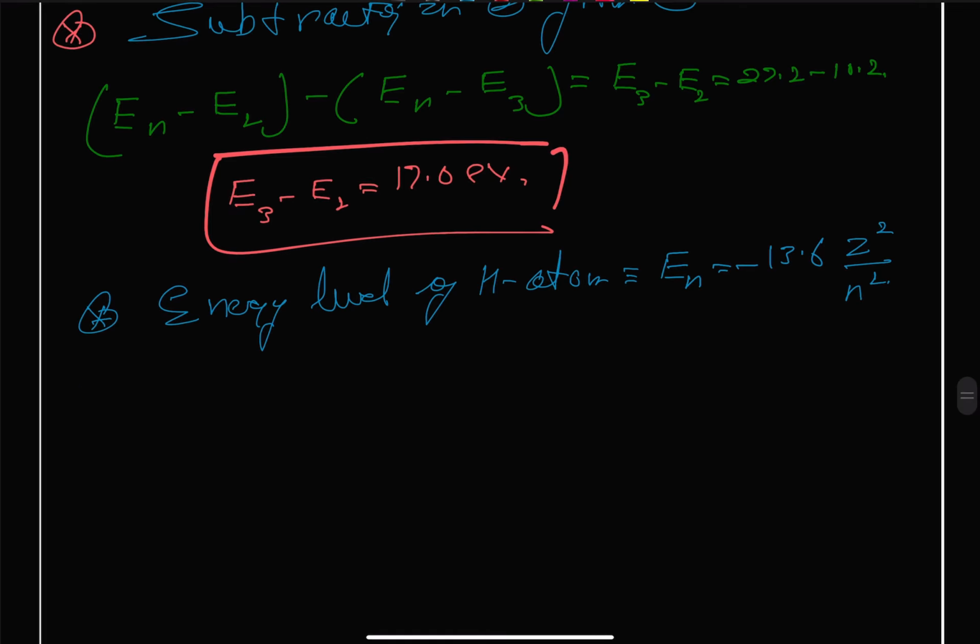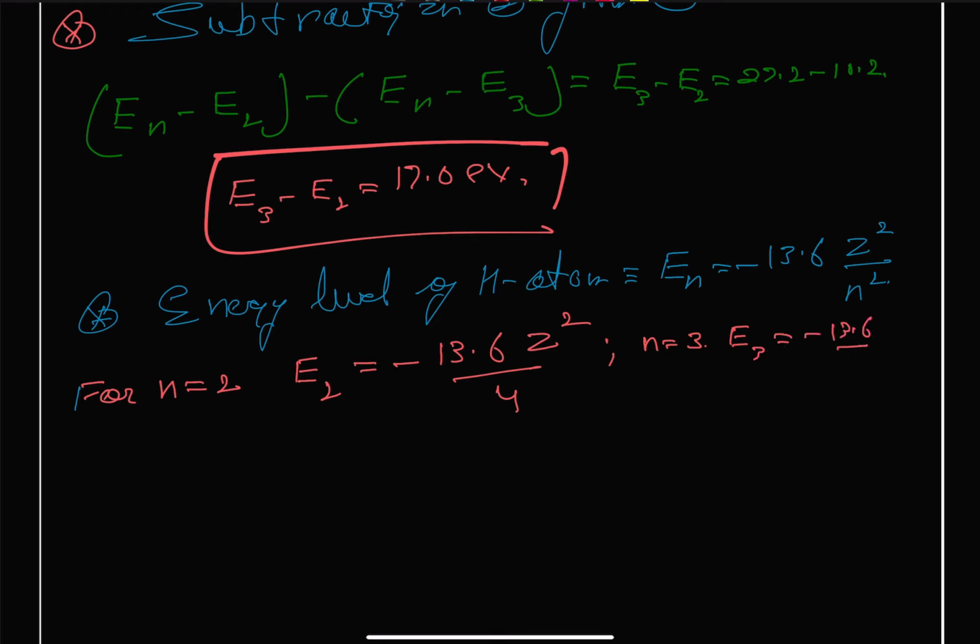So for n equal to 2, E2 will be equal to minus 13.6 Z square divided by 4, and for n equal to 3, E3 will be equal to minus 13.6 Z square divided by 9.